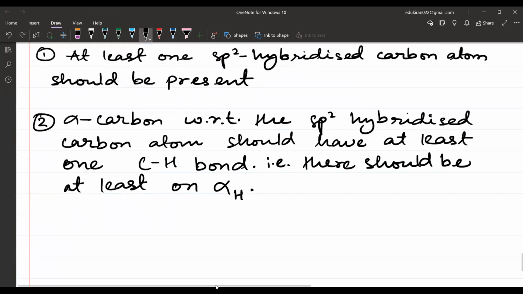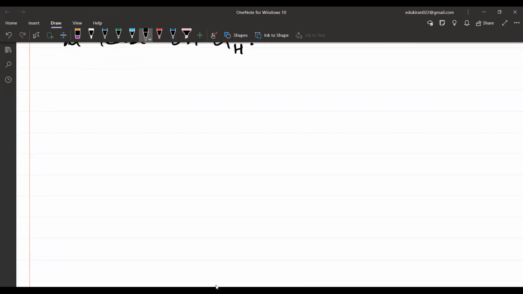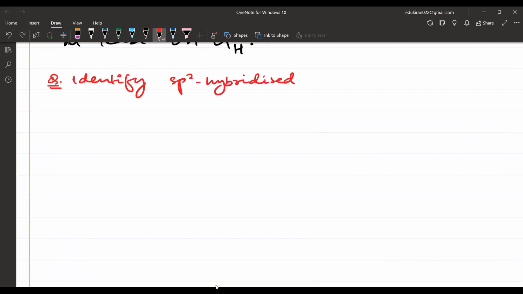Yes, sir. पहला काम है आप लोगों का आइडेंटिफाई करना sp2 हाइब्रिडाइज्ड कार्बन एटम, ठीक है? अब देखते हैं कितने लोगों को याद है। One carbon atom, two carbon atom, three carbon atom.